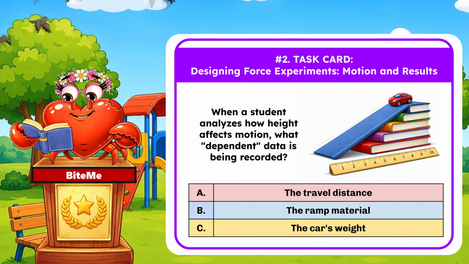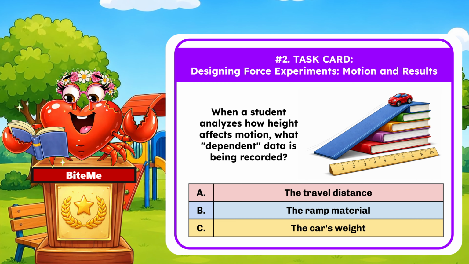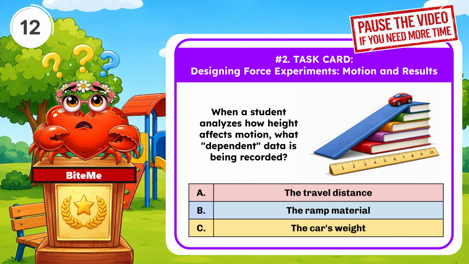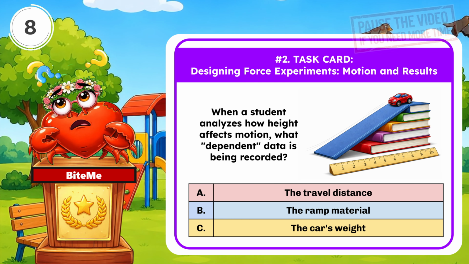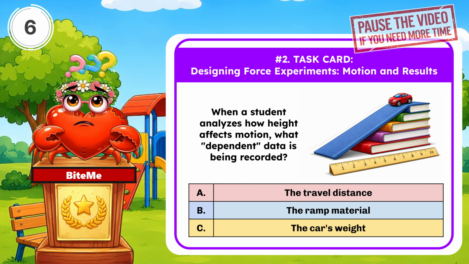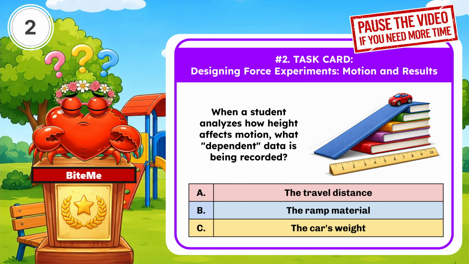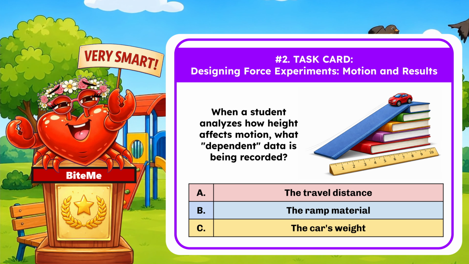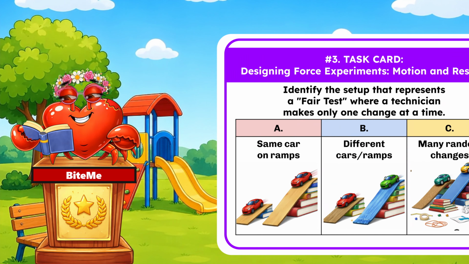When a student analyzes how height affects motion, what dependent data is being recorded? And the correct answer is letter A, the travel distance.